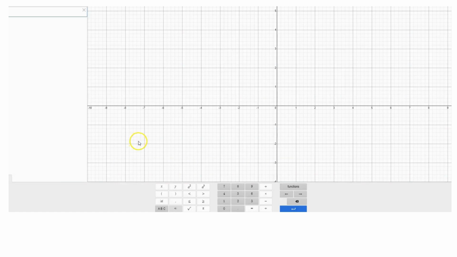Let us plot the graphs now. So our first equation is x plus 2y equals 3. So that's the equation of our first graph. Then we have our second graph as x squared minus 2y plus 4y squared equals 18.